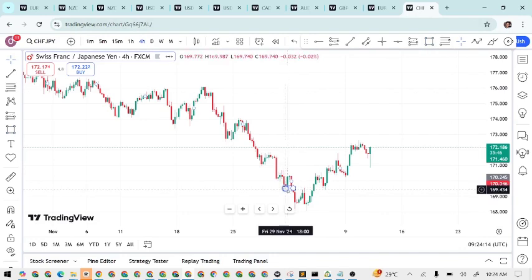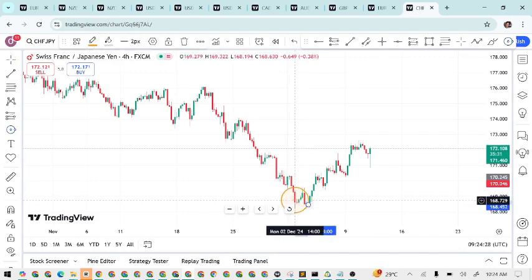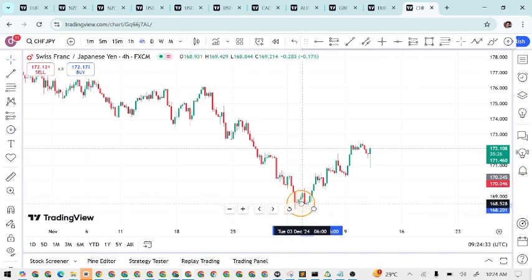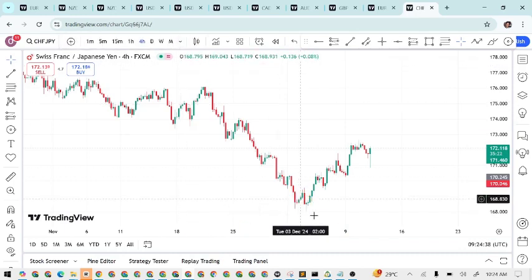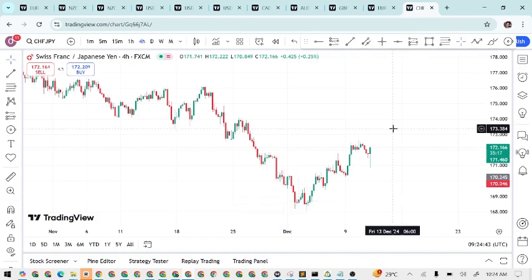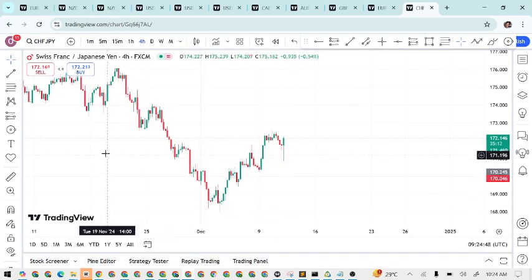The market swept that engulfing candle, but it failed to make the second engulfing candle, which was supposed to be right in this place. The candle that formed in that area was not engulfed. As a result, there was no trade in that area.